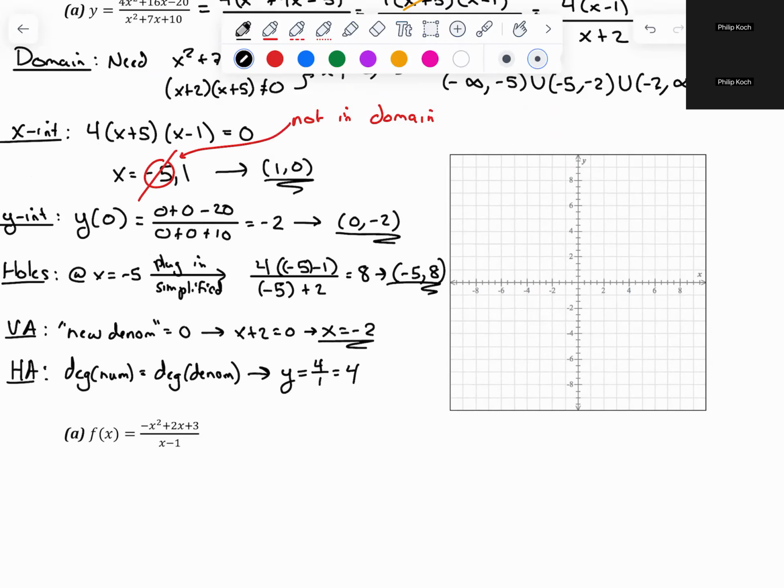Okie dokie. So let's go ahead and plot all the information that we have and see if we need more. So we have a vertical asymptote at -2.